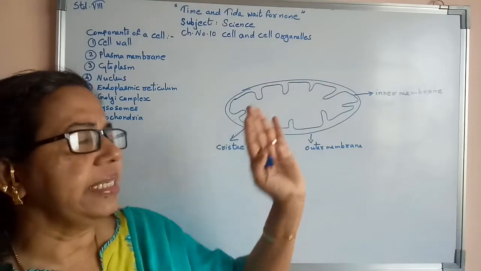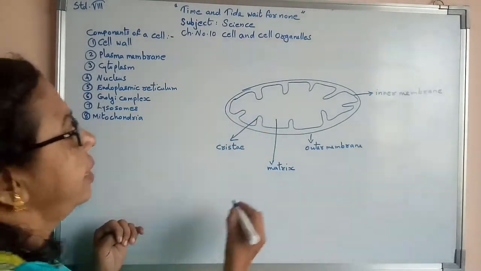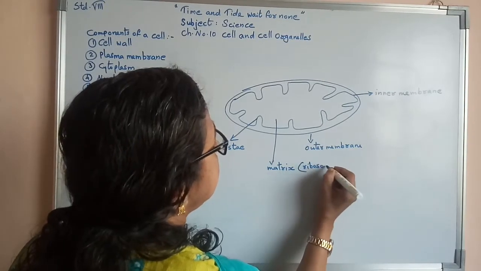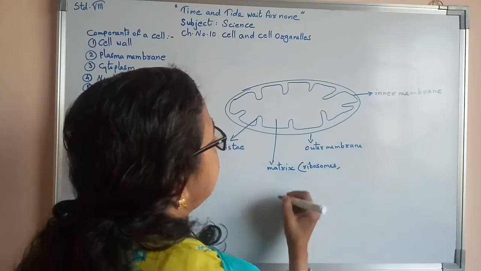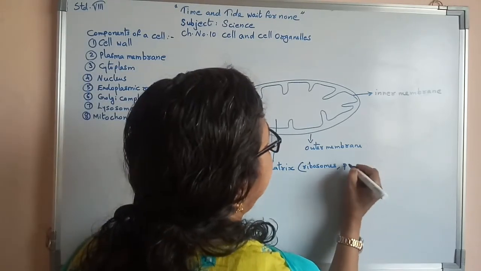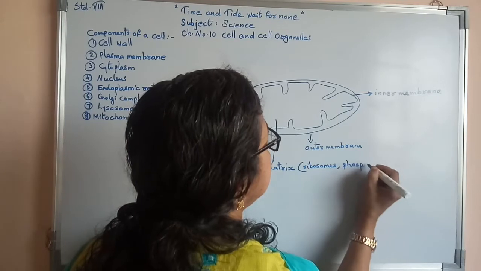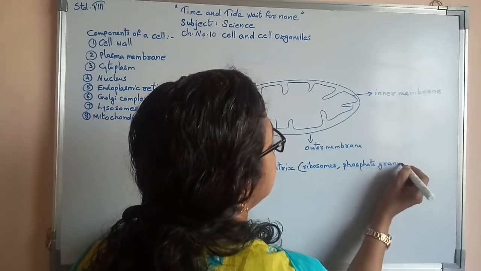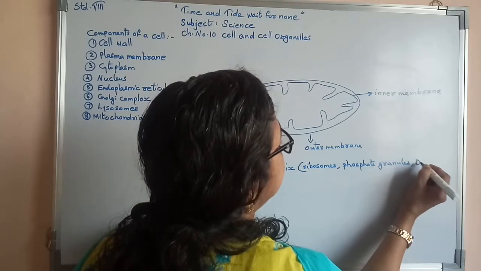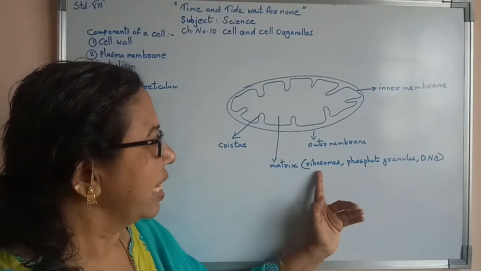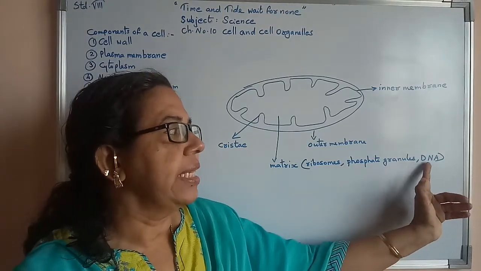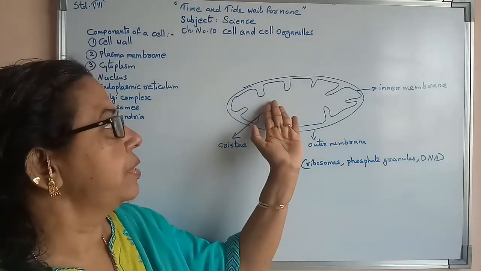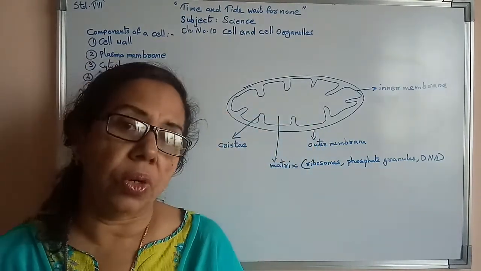Now, this matrix contains ribosomes, phosphate granules, and DNA. With the help of ribosomes, phosphate granules and DNA, protein is produced inside the mitochondria.